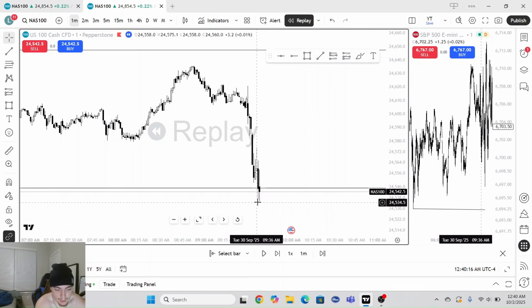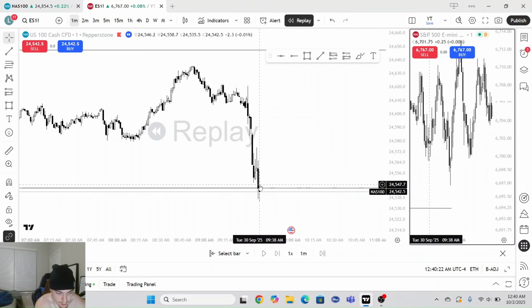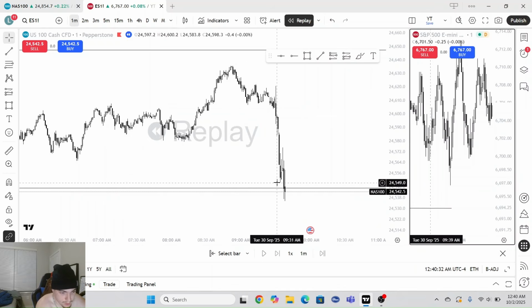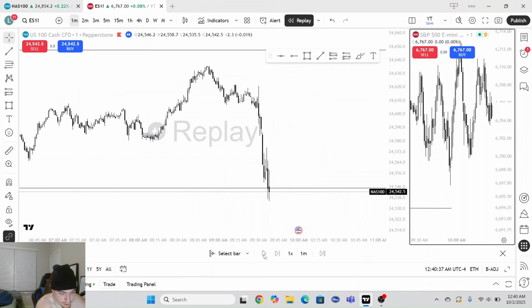And whenever I'm over here, as you guys can see, it shows the line of price that ES was at the exact same current time. So as you can see, as we sweep out London here, we're very, very high up in the range on ES. So there's the SMT. So let's put this would be our first original SMT.